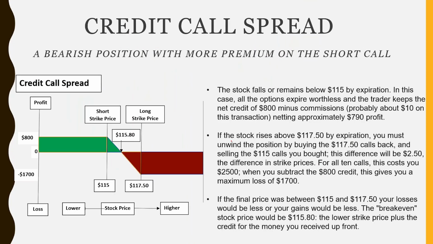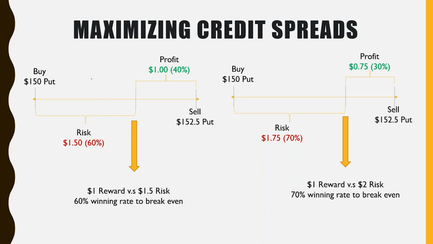Okay, what's the next one here, Samson? This is what I just explained to you. We'll post it there, you can read it. Okay, this is the next step here, how to maximize the credit spread. I put this in the Excel spreadsheet so you can calculate it yourself. For example here, we want to be at about 40% on the profit, and we risk 60%.